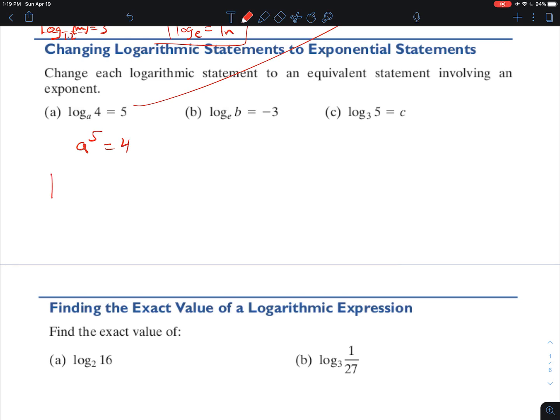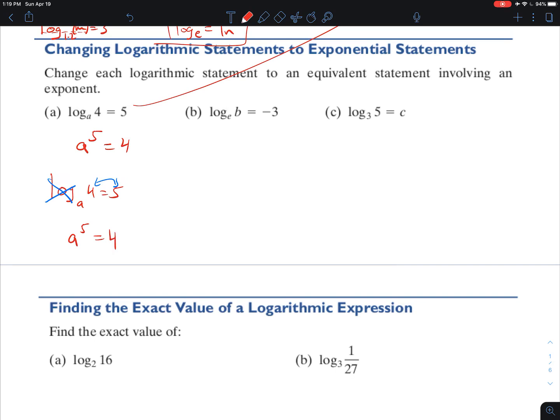Mechanically speaking, if I have log base a of 4 equals 5, if I want to turn this into exponential, I'm going to get rid of the word log, and I'm going to switch these guys back. And if I do that, I end up with a to the 5th equals 4.